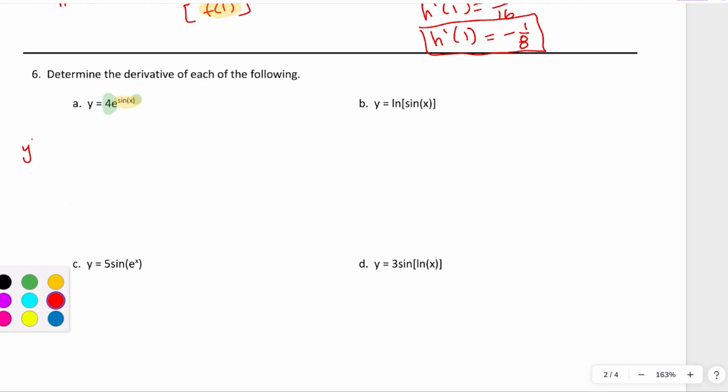So y prime will be the derivative of 4e to the x, which is just 4e to the whatever. In this case, the whatever is sine x, times the derivative of the whatever. The derivative of sine x is cosine x.